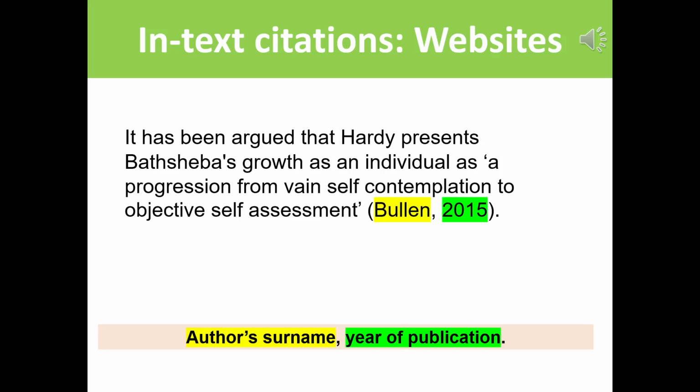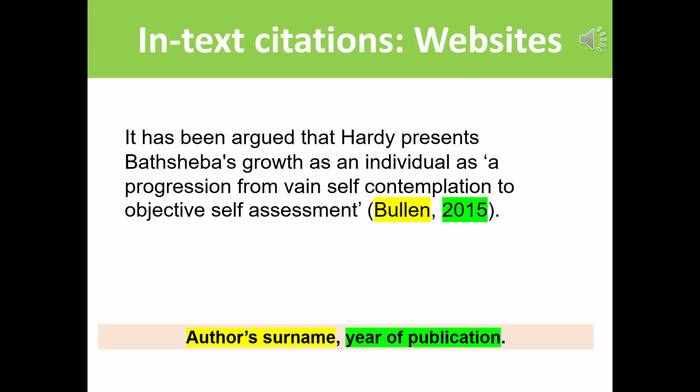Here, again, you only need to give the author's last name and the year of publication. So you don't need to give the full title of the web page or the URL, the web address in the main body of your essay. You just need to give the author's surname and year of publication. And you can see an example of how to format this on the slide.